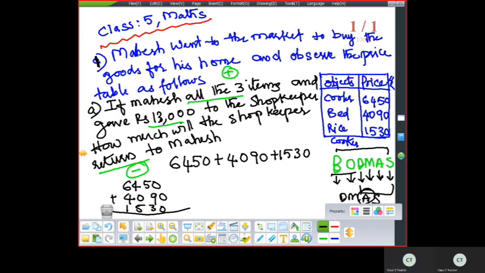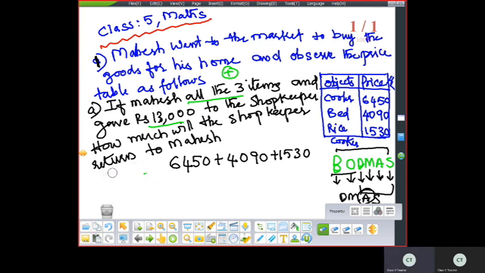Plus. So 0, 5 plus 9 how much? 9, 14. 14 plus 3, 17. So 7 will be on the 10th side. So there's no place for that. So let me make it a bit clearer.